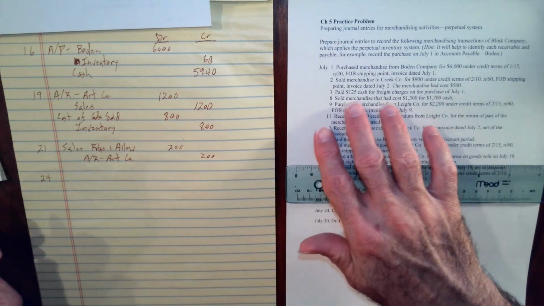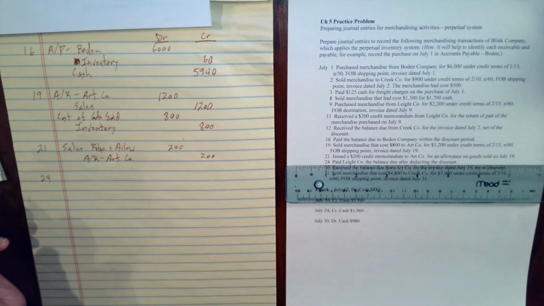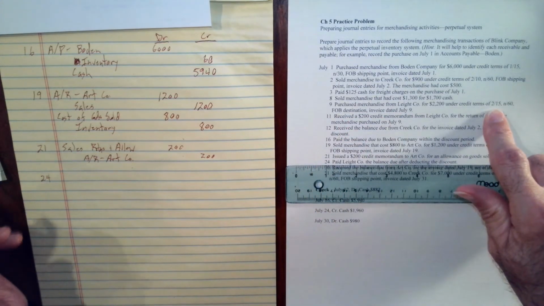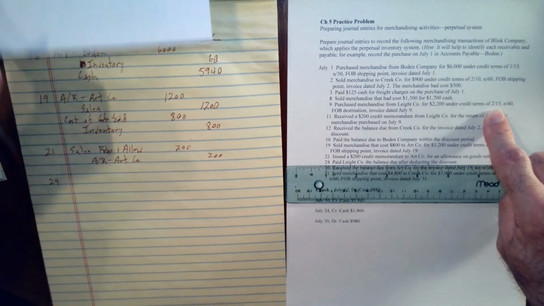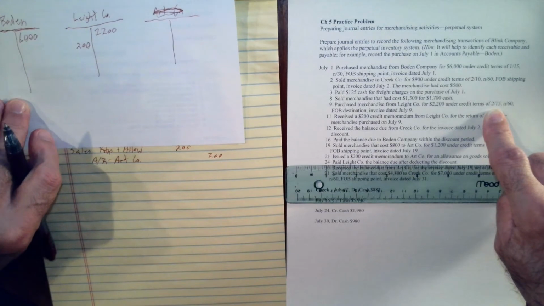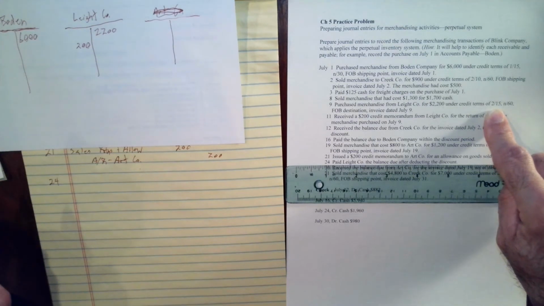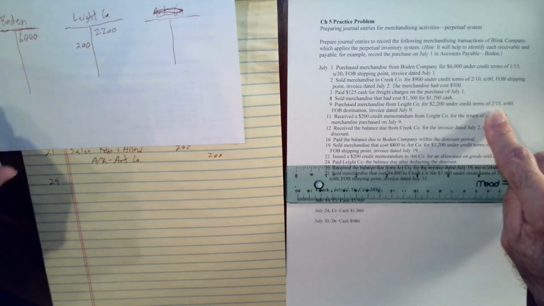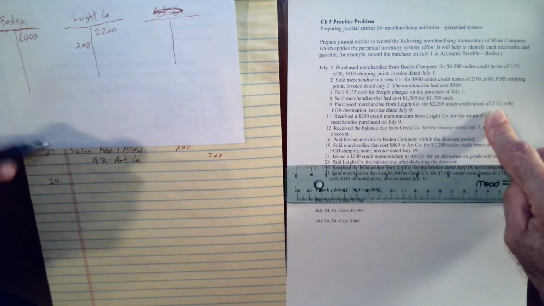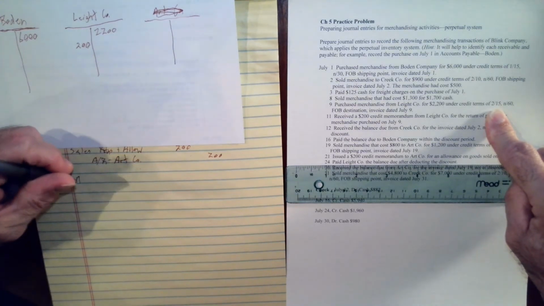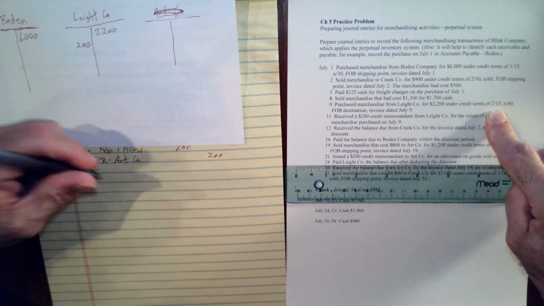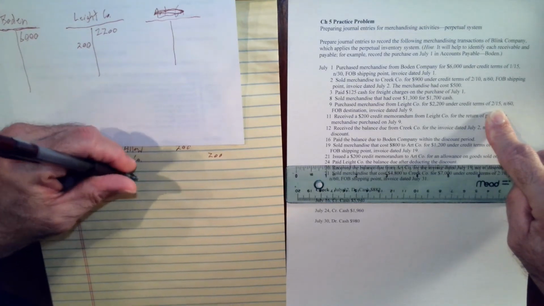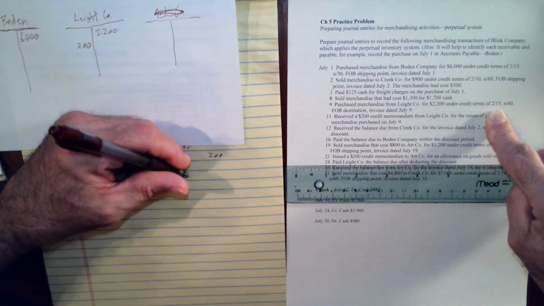And we're supposed to receive how much discount? 2%. Okay. So 2% on 2,000 is going to be $40. So I get rid of the accounts payable by doing a debit for 2,000 debit. Okay.